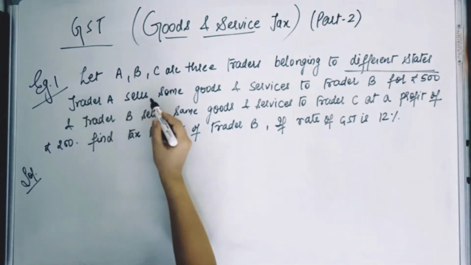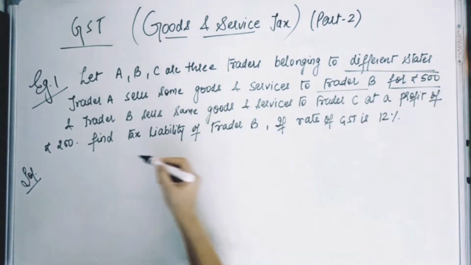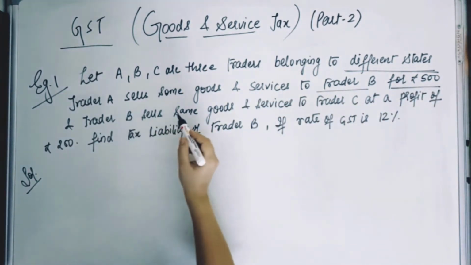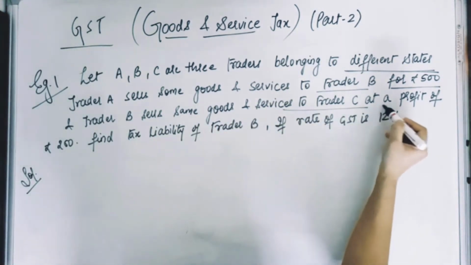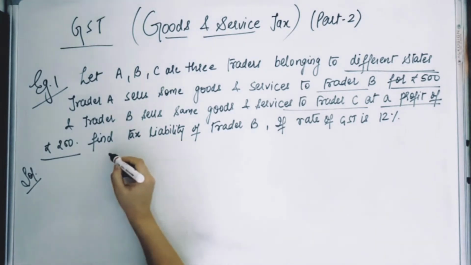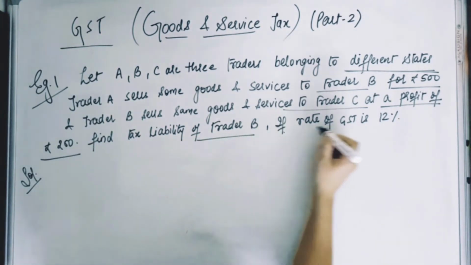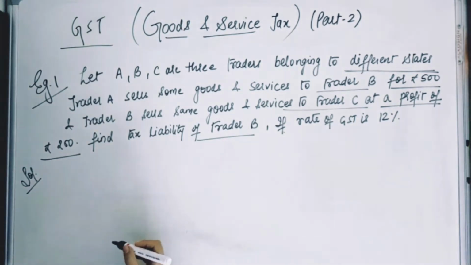Trader A sells some goods and services to trader B for ₹500, and trader B sells the same goods and services to trader C at a profit of ₹200. So now we have to find the tax liability of trader B if rate of GST is 12%.